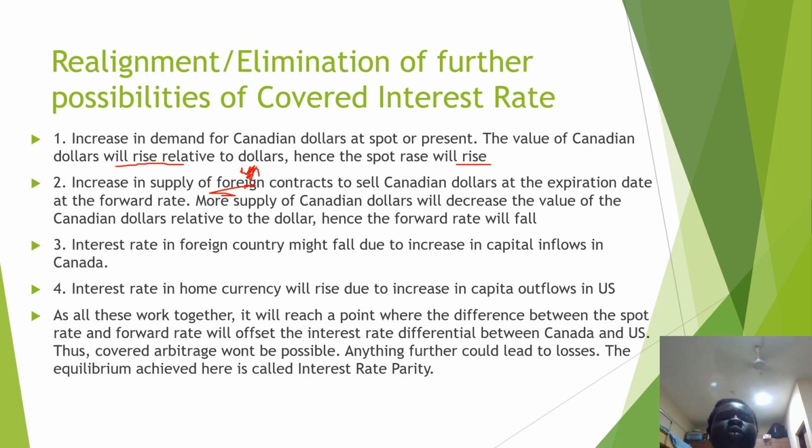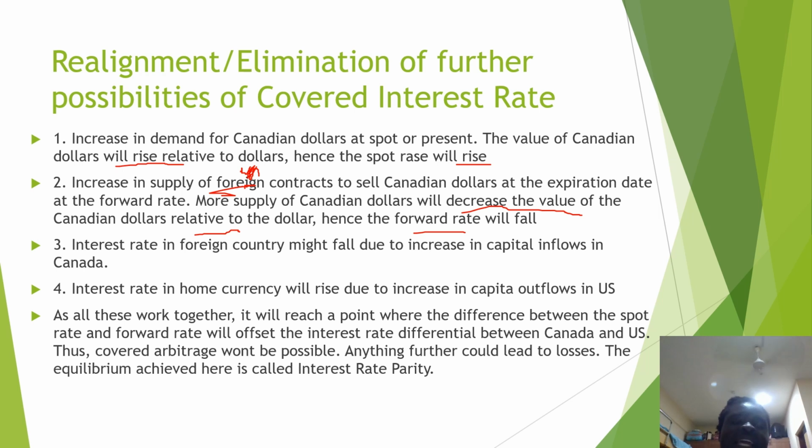Since people want to hedge themselves against exchange rate risks at the end of the period, they will enter into a forward contract to sell the Canadian dollar. As more people enter into contracts to sell, there will be more supply of Canadian dollars, and this will decrease the value of the Canadian dollar relative to the US dollar, because there will be more supply than demand. So at the end of the day, the forward rate is going to fall.